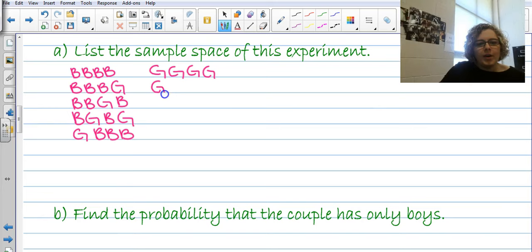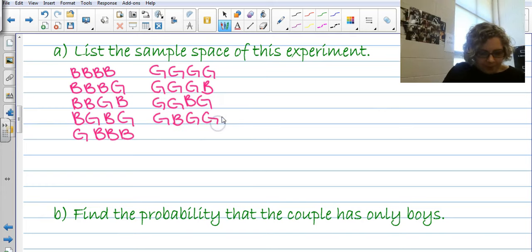3 girls and a boy. 2 girls, a boy, and then a girl. A girl, a boy, and then 2 girls. A boy, girl, girl, boy. Boy, boy, girl, girl.